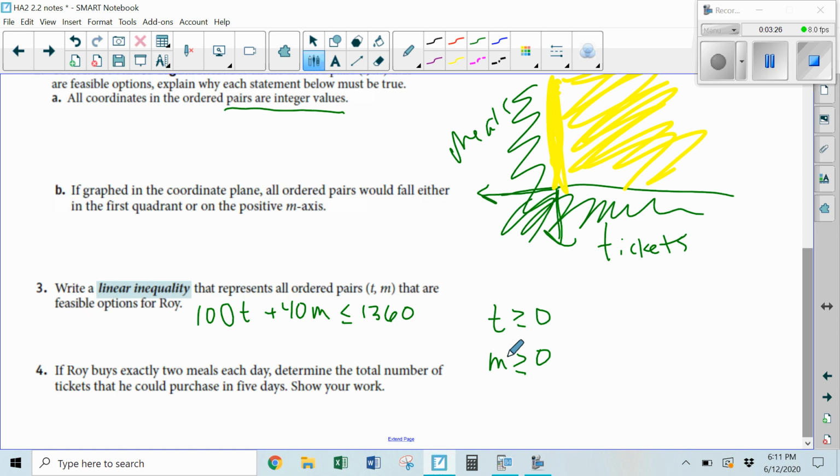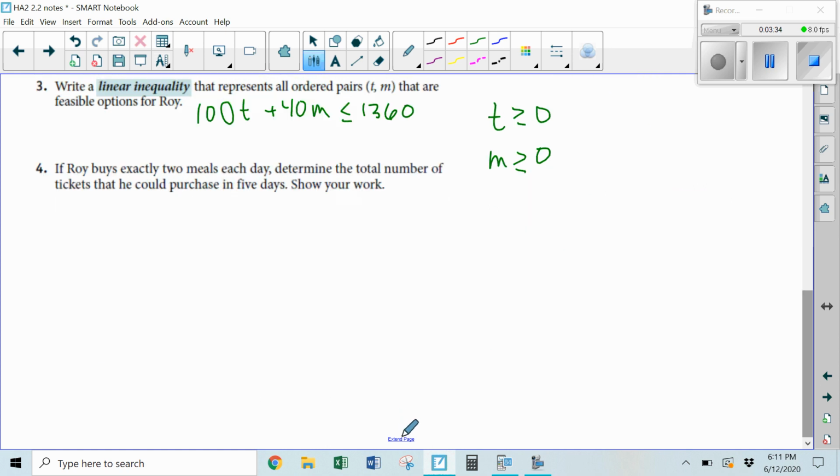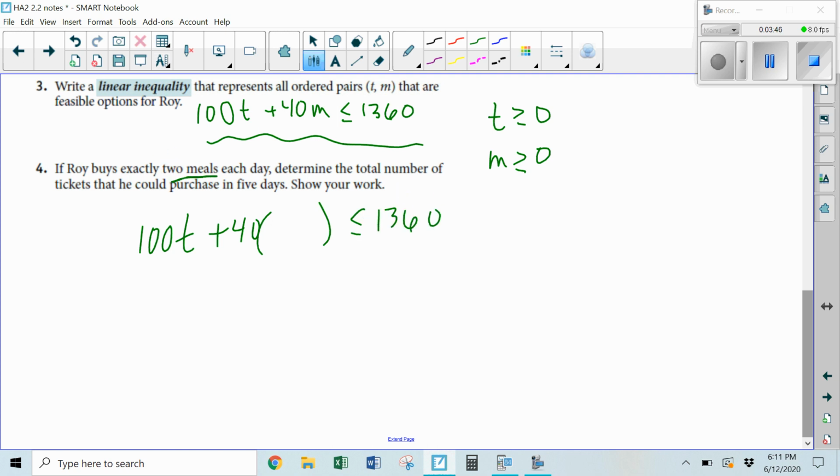Number 4, if Roy buys exactly 2 meals each day, determine the total number of tickets he could purchase in 5 days. Show your work. So I'm going to recopy this. I'm not going to put M for meals because it says he has 2 meals each day.